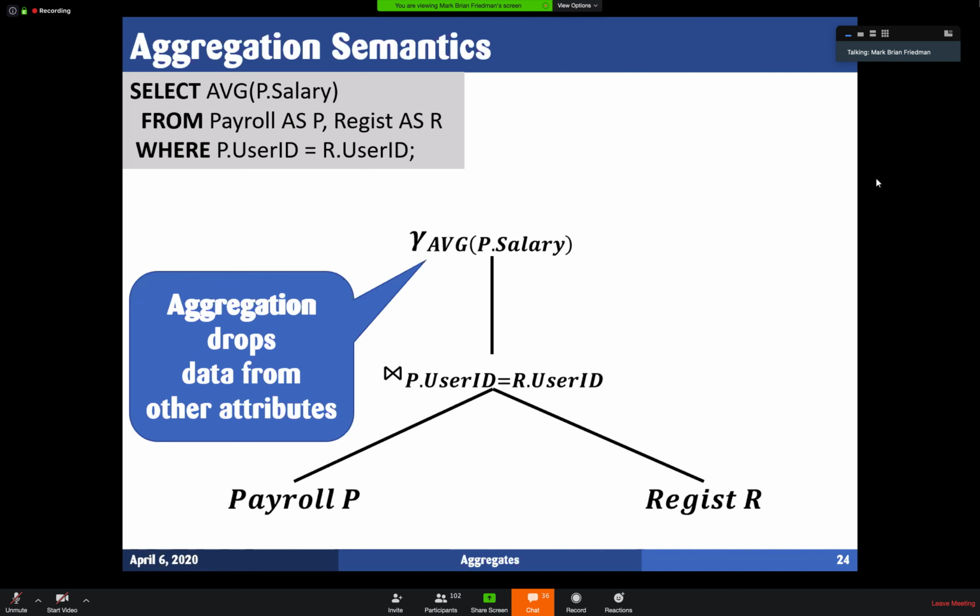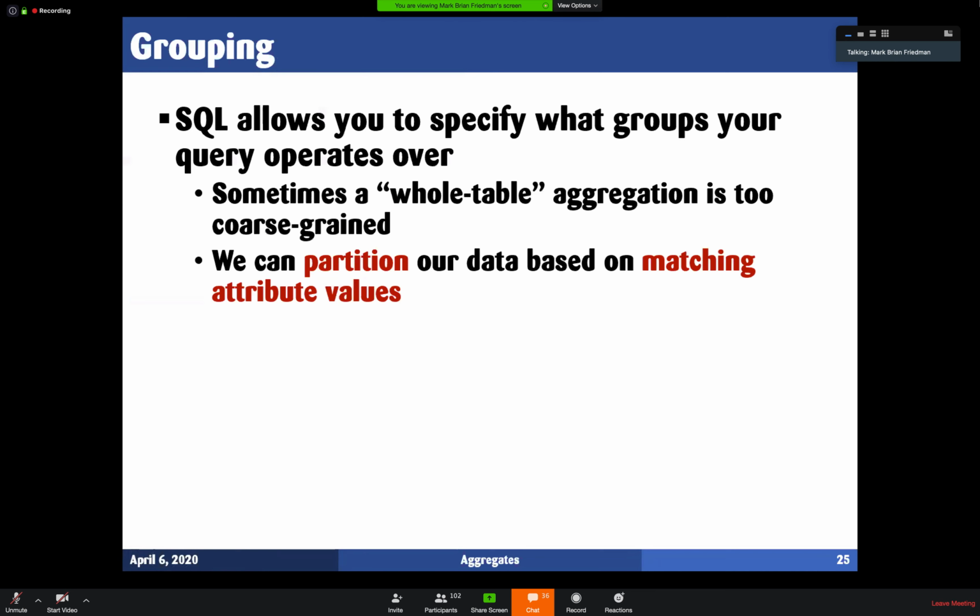As SQL is doing the aggregation within nested loop semantics or some kind of a loop, anything that's not subject to the aggregation is automatically dropped because I wasn't asked to keep it, so I don't keep it. And in fact, we'll see with the witnessing problem, I don't know which of multiple items to keep if you didn't specifically ask me to aggregate them while I'm aggregating them. Okay, so questions about that?